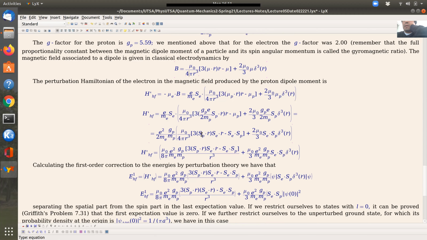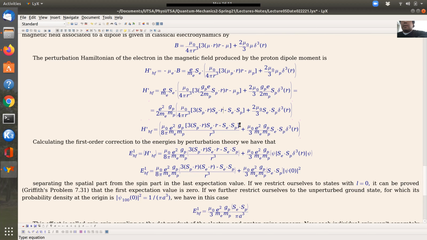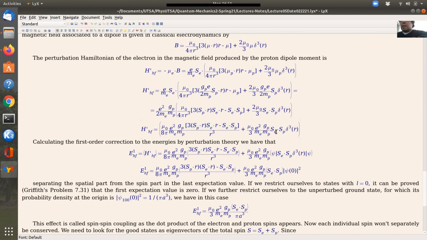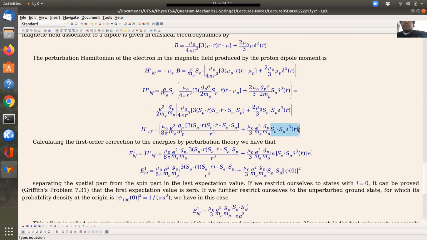Then you'll have SE, or spin of electron, dot product, the R, and so on. And, well, you'll have this term, what matters, with some proportionality constants, and then this term with the Dirac delta.